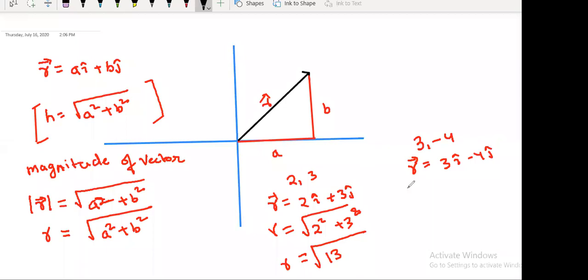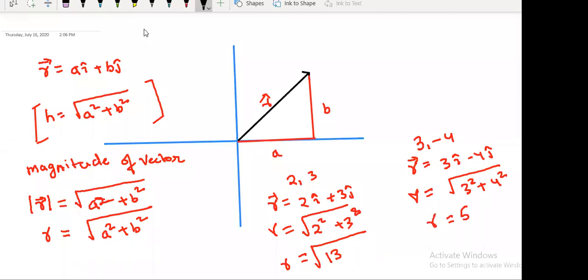Now, whether it is the whole square of -4 or the whole square of 4, what difference does it make, right? Magnitude will be root of 3 square plus 4 square. Okay? Because -j is your direction, so this is 5. R is 5. Got it?